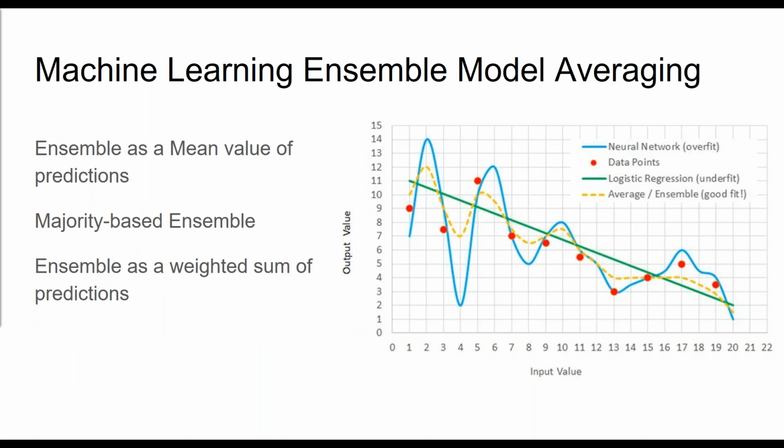Ensemble, let's talk about that. Ensemble methods are meta algorithms that combine several machine learning techniques into one predictive model in order to decrease variance, that's bagging, decrease bias, that's boosting, or improve predictions, that's stacking. Currently, Ignite supports only boosting.